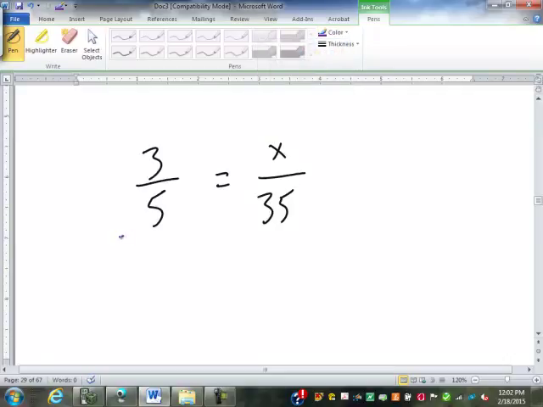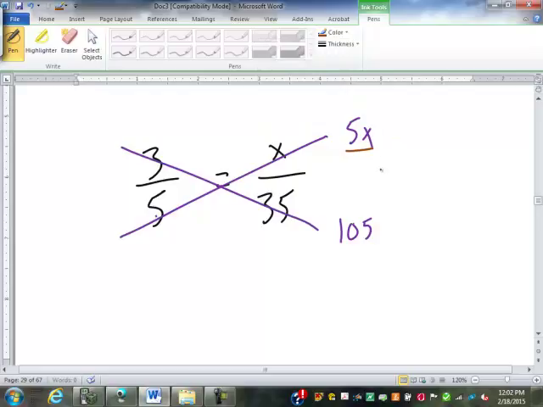Now, cross multiplying is multiplying the diagonals of a proportion. So this would be 5 times x would make 5x. This one would be 3 times 35 makes 105. And we know that those two cross products or diagonal products have to equal each other. So 5x equals 105. And in a case like this, of course, we're just going to divide by 5 to solve to get that x is 21.